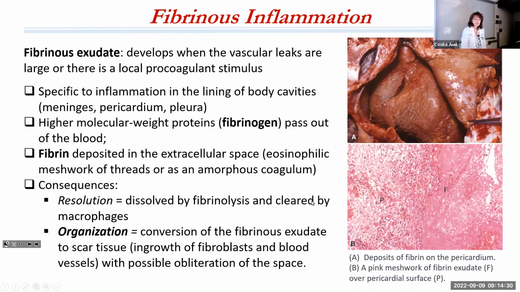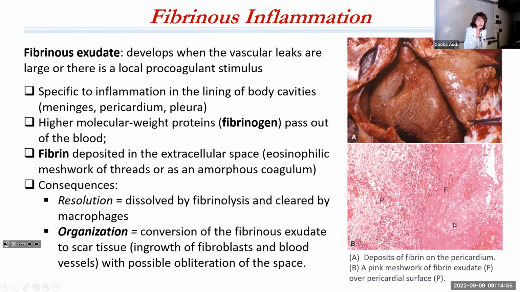What is specific to this fibrinous inflammation is the presence of fibrinogen, which is a high molecular weight protein, which leaves the blood and gets into this extravascular fluid. Fibrin will be deposited in the extracellular space and will microscopically present as this eosinophilic meshwork or threads, or as an amorphous coagulum.